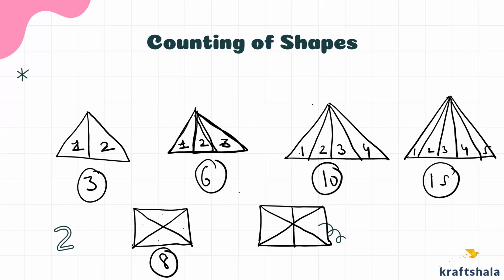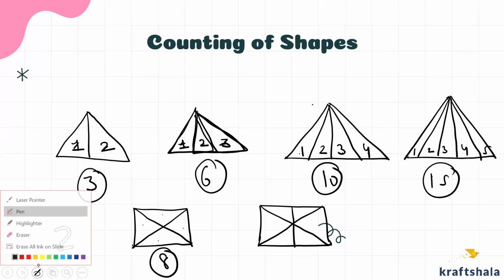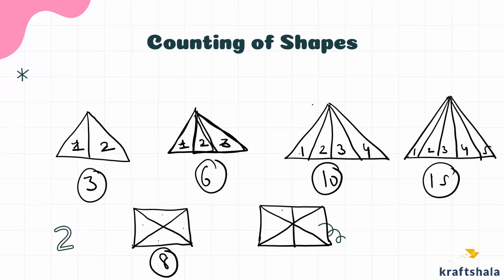Yeah, perfect. Now see, if I do it manually, it is almost next to impossible to count. So we have to take help of standard figures. I know that this standard figure has 8 triangles. So that work of 8 triangles I have already done. So just find what is extra. 8 is already there.